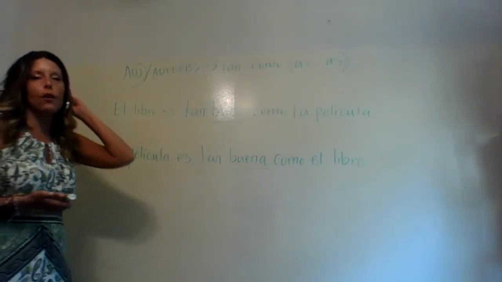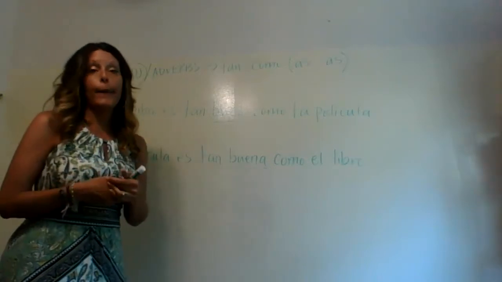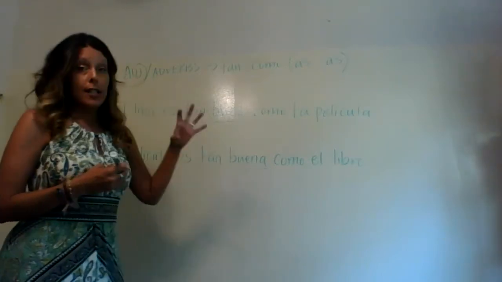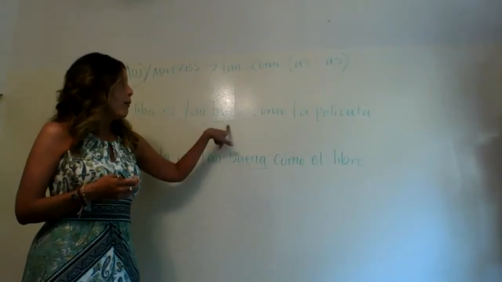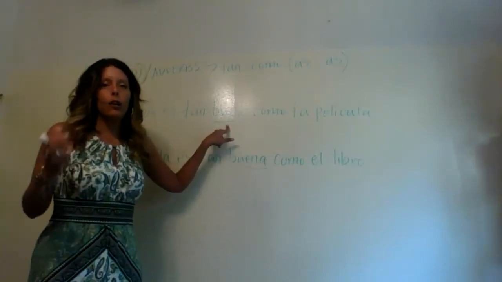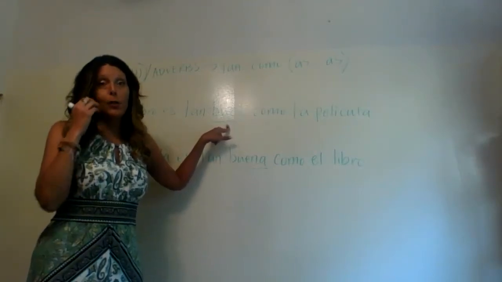Please take one note and remember, even from the prior video with the comparisons of inequality, that our adjective that we're working with right now, bueno, has to change feminine, masculine, singular, plural based on what it's describing, because that's what adjectives do, right?